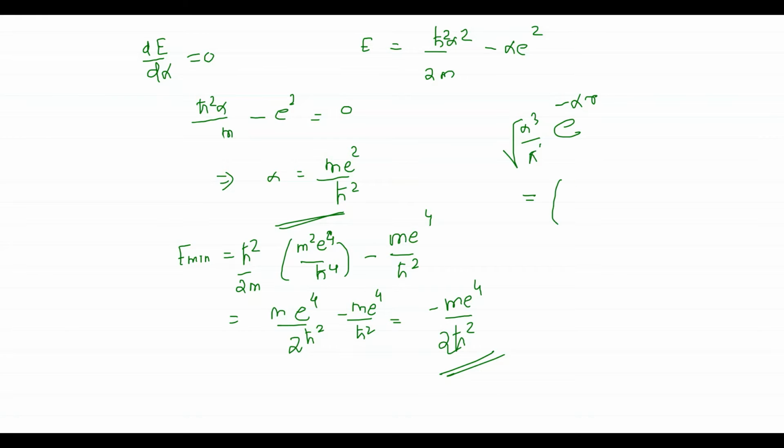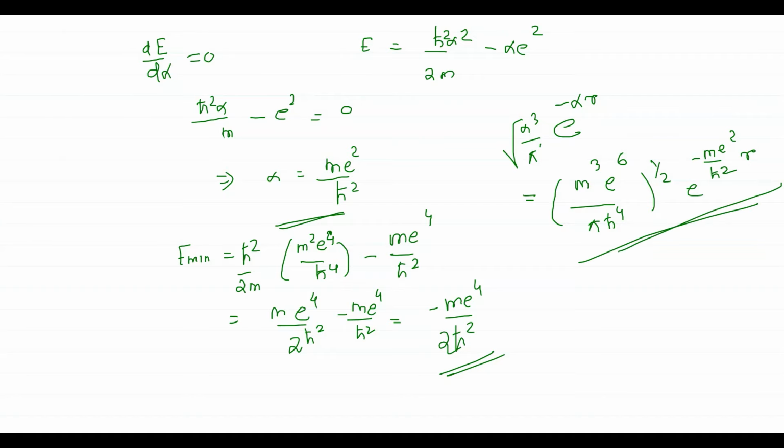So what we will have is m cube e raised to 6 divided by pi h bar raised to 4, and 1 by 2 over here, and e raised to minus m e square upon h bar square r. If you find out, this is nothing but the ground state energy of the hydrogen atom. If you look at the textbook, this is the ground state energy. So our trial wave function was nothing but our exact wave function, and therefore this ground state energy that we obtained is also the exact ground state energy of the hydrogen atom, and this is not the approximate one.